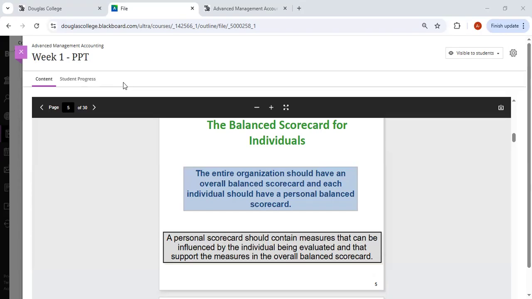So the personal scorecard should contain measures that can be influenced by the individual being evaluated and support the measures of the overall balance scorecard. So basically, on the individual level, we can use it.